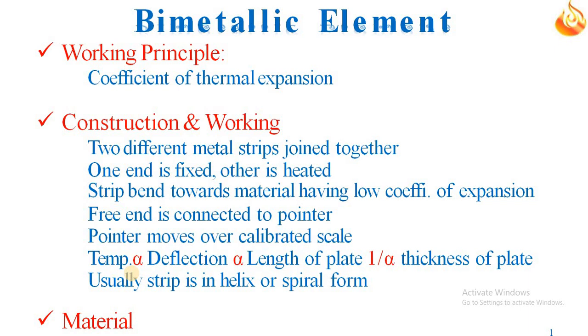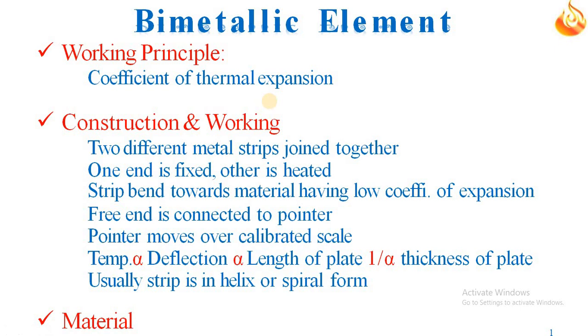The next instrument for temperature measurement is a bimetallic strip, or we can also call it a bimetallic element or bimetallic thermometer. The working principle of this instrument is the coefficient of thermal expansion. First we'll talk a little bit about the meaning of the coefficient of thermal expansion.